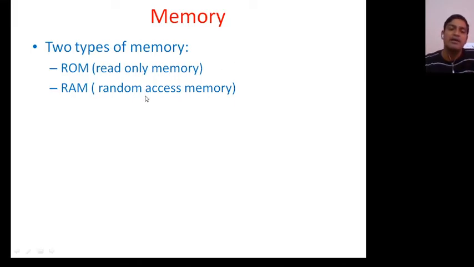Okay, RAM, random access memory or read write memory. It is also called data memory. In this we can write anything. So we will use RAM and ROM frequently in assembly language programming.